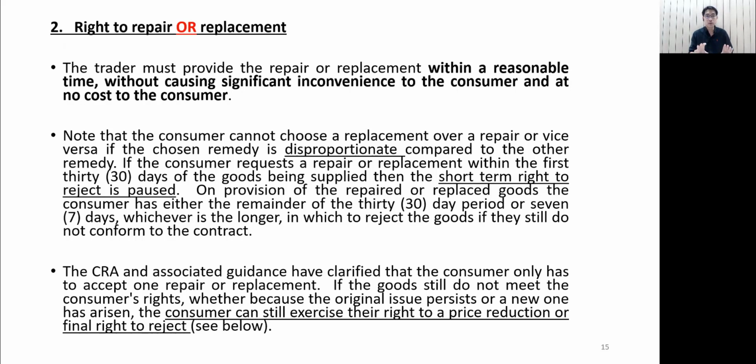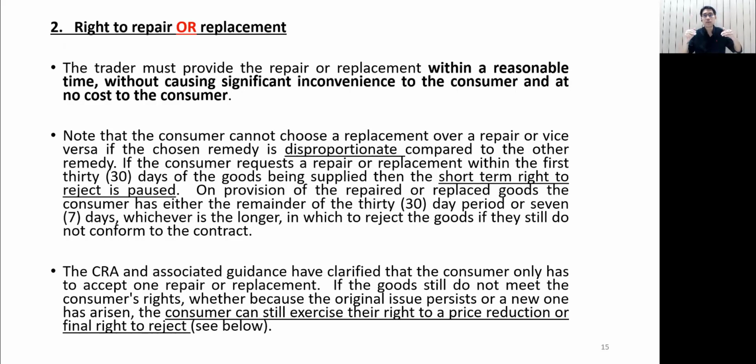But what the statute says, and what you see here on your slide now, is that the buyer must choose that remedy which is not disproportionate to the other remedy. It must not be an unreasonable, disproportionate remedy compared to the other. In other words, between the remedies of repair or replace, choose the one that is more reasonable. You cannot choose the one that is disproportionate.